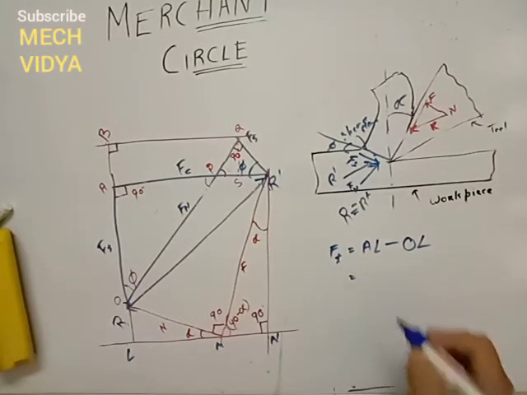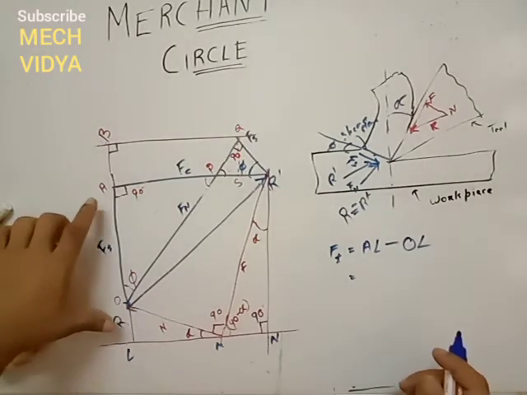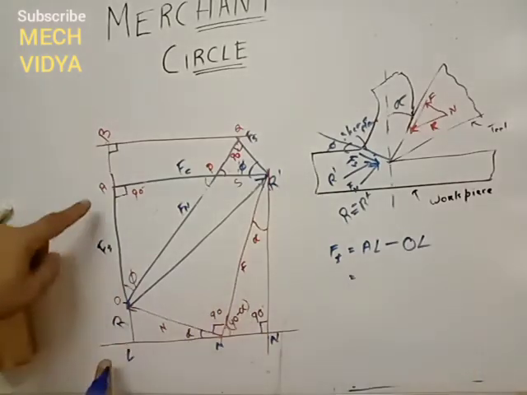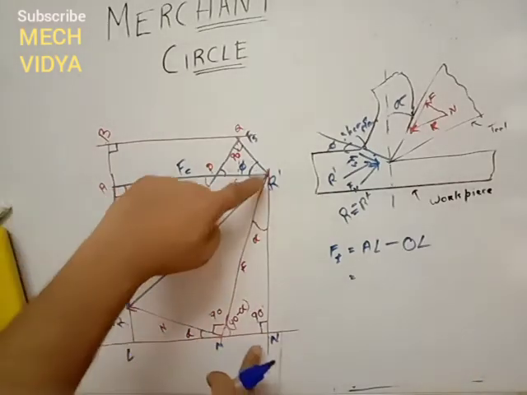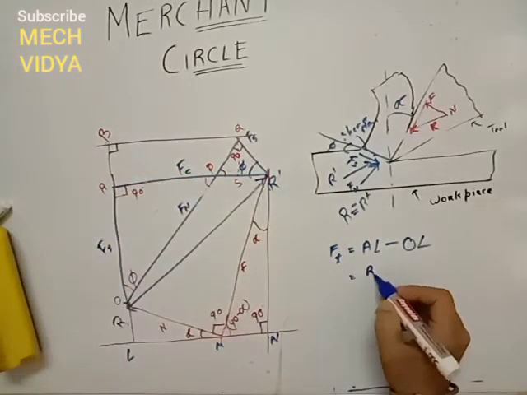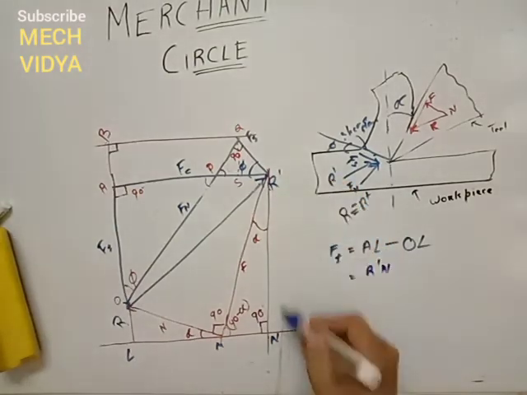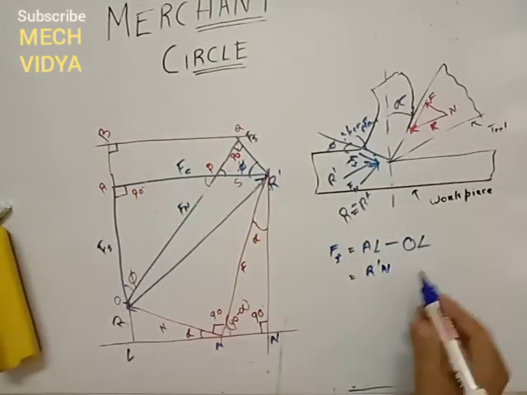What is the value of AL? This entire length AL can be written as R'N. This length, this and this are equal.